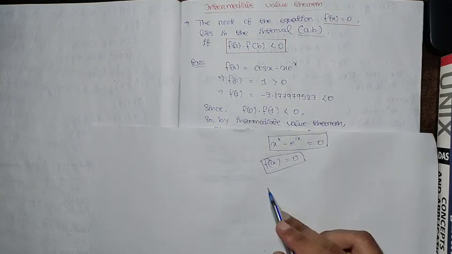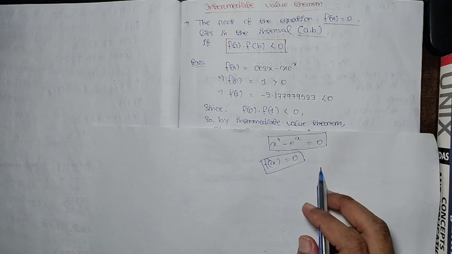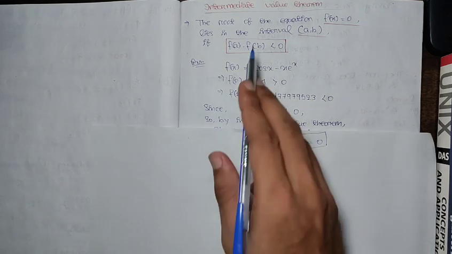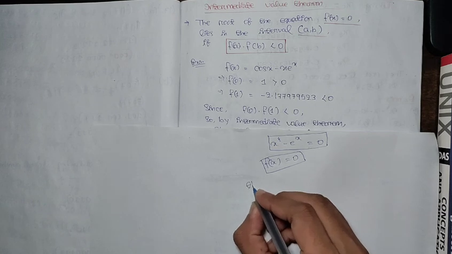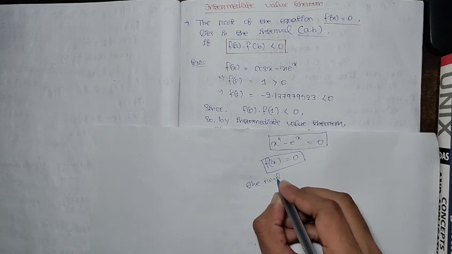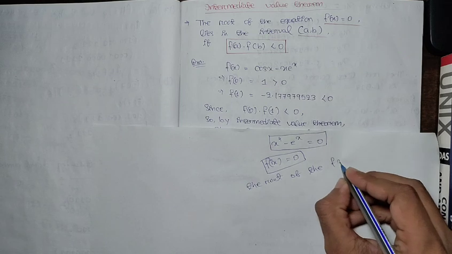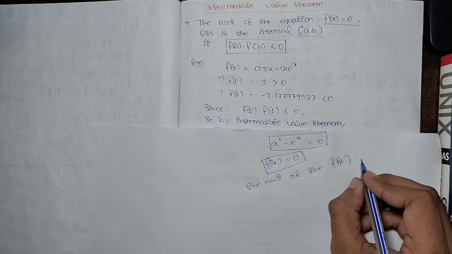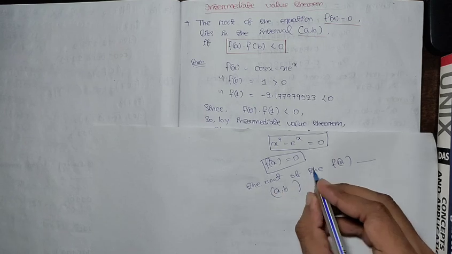So here the question is in the form of f of x equal to 0. Then according to the intermediate value theorem, the root of f of x lies in the interval a b.